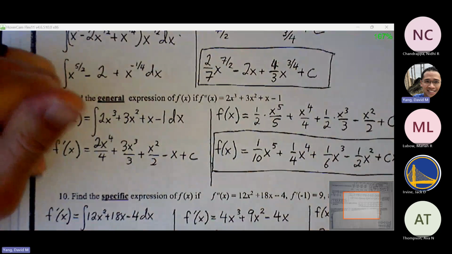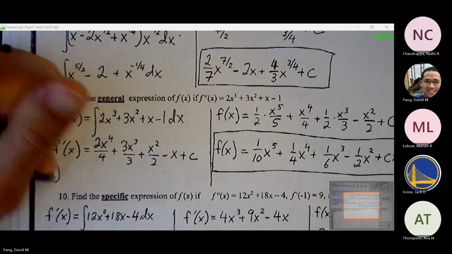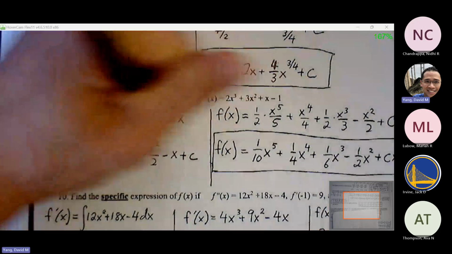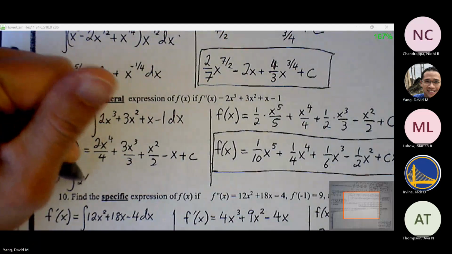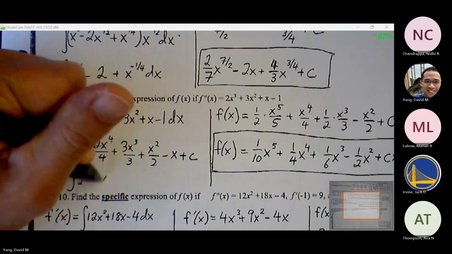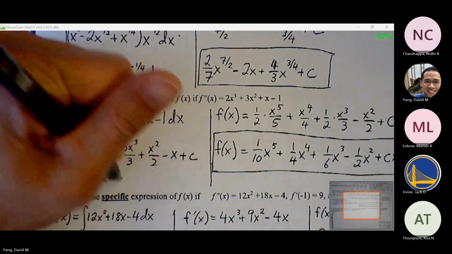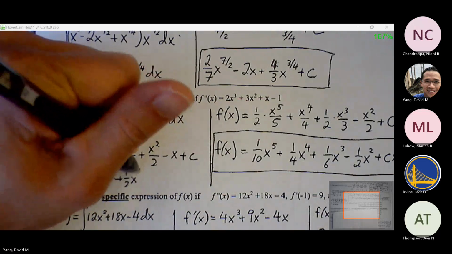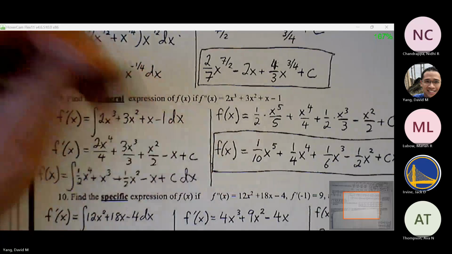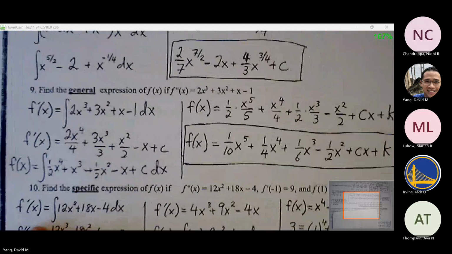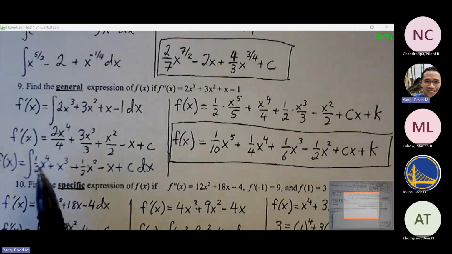Next step, if I want to find our function, I'm just going to take the integral of my f prime. So power rule again.